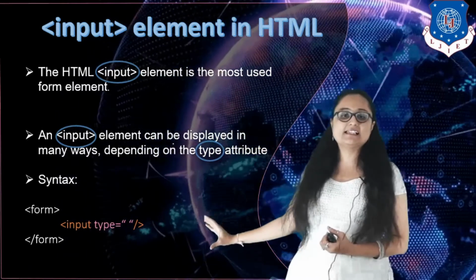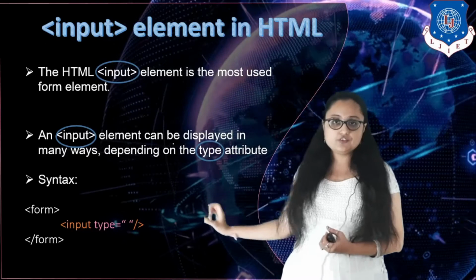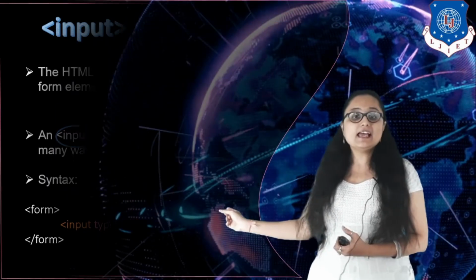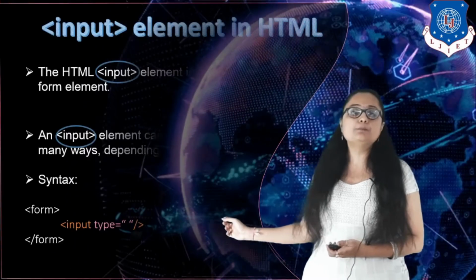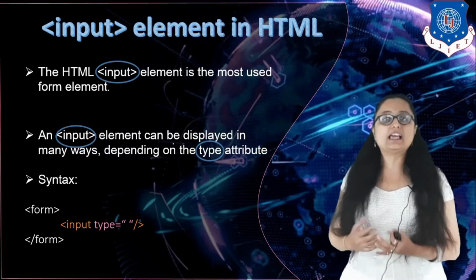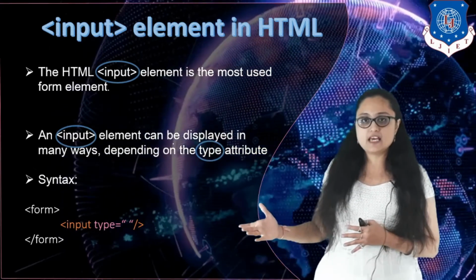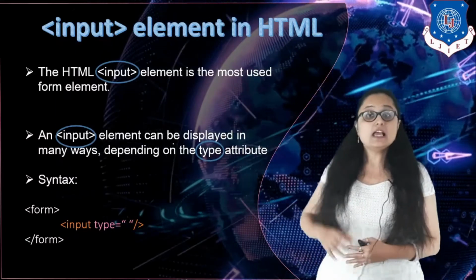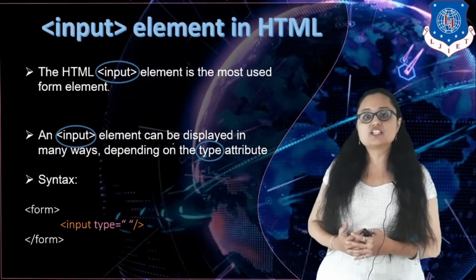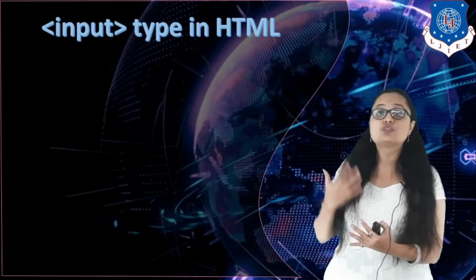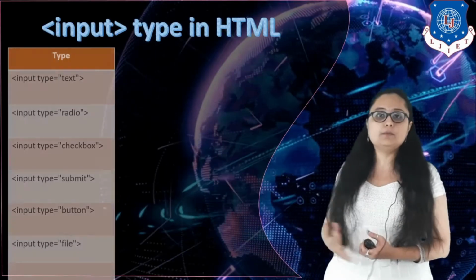But this is the basic syntax wherein you write the start form tag, end form tag, and inside you write the input element, that is the input tag, and the type attribute, and whatever value of type you write, the input element will be displayed according to the type attribute. Okay, now let us study what are the different type attribute values for the input element in HTML.